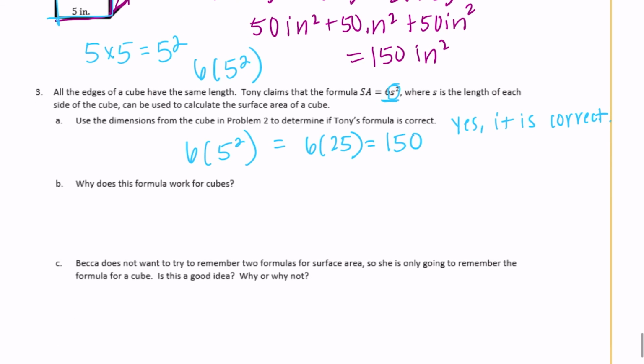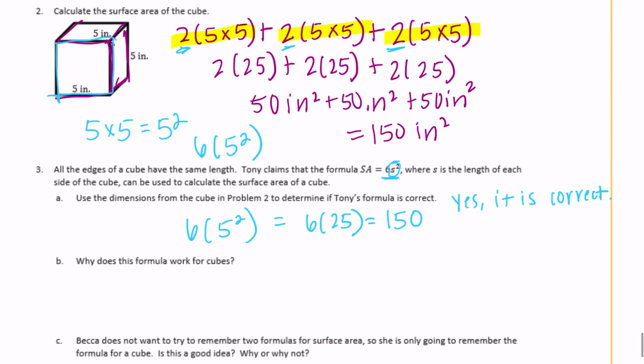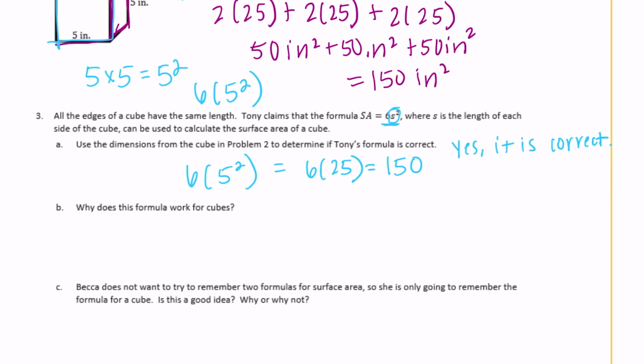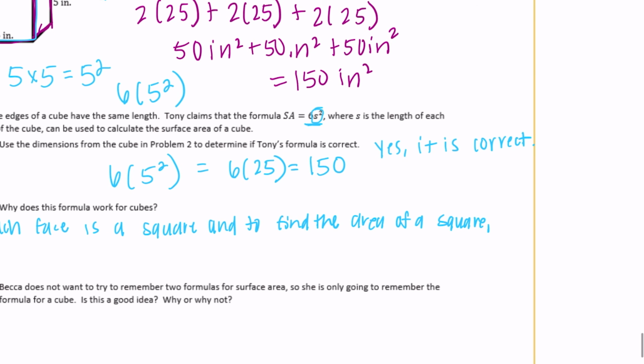Why does this formula work for cubes? If each face is a square, we've kind of talked about this, each face is the same size. So all the sides are going to be the same, which means that we can just square the side to find the area, and then there are 6 of them. They're all the same. So let's say each face is a square, and to find the area of a square, you multiply the side lengths together.